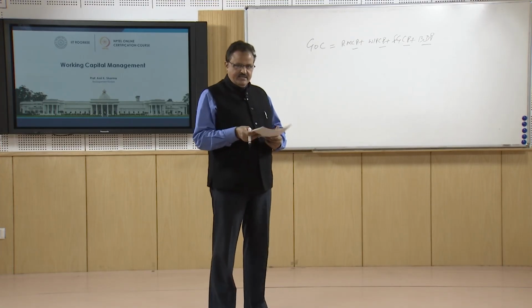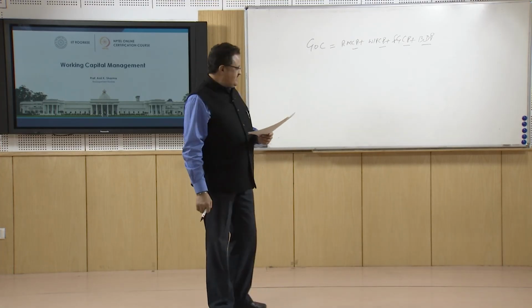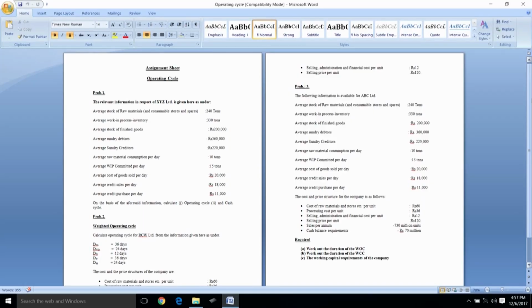If you look at the slides, the problems are given there. In the first problem, the relevant information is given as under. We are given the average stock of raw material and the consumable stores and spares, the average work in process, the average stock of finished goods, the average sundry debtors and the average sundry creditors.